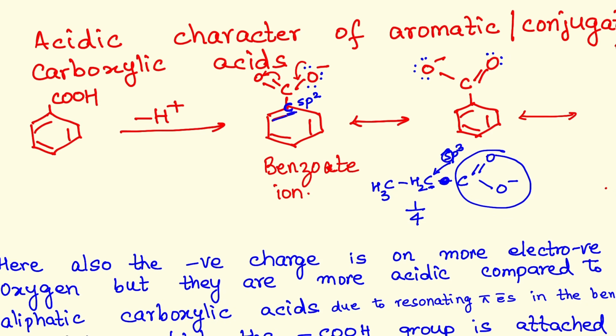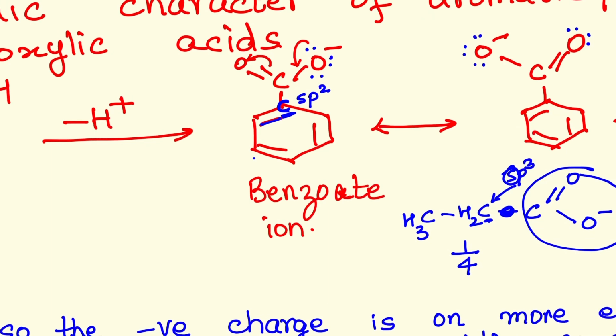Whereas here the carbon is sp2 hybridized. So, what is the percentage of S character or the fraction of S character? It is 1/3. If I have to express it as a percentage, I will do 1/3 times 100. How is it 3? 1 of S and 2 of P makes a total of 3. Out of that 3, how many are S? Only one part. So, if you notice the percentage of S character is more, our S is spherical, it is closer to the nucleus because of its shape.